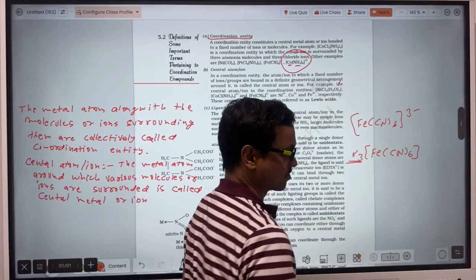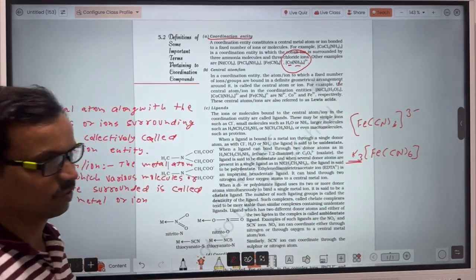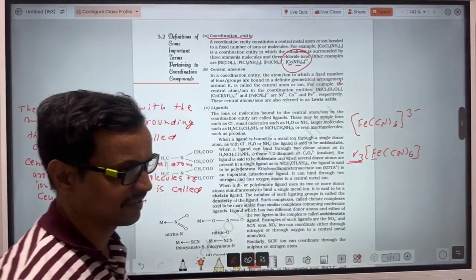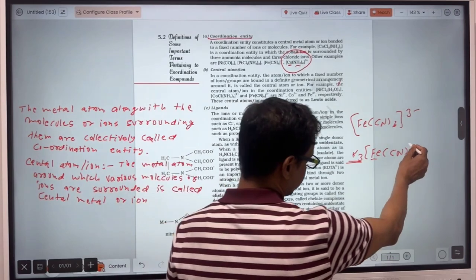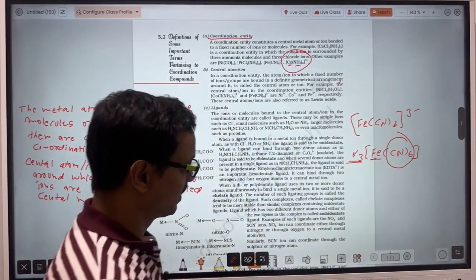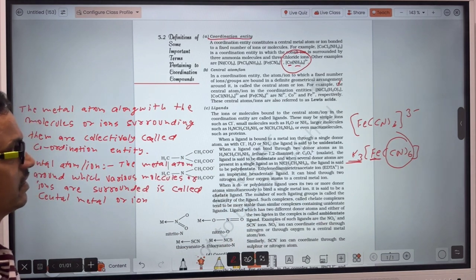Here potassium is not the central atom or ion. Actually here iron is the central atom or ion, because the CN minus is surrounding the iron. That's why iron here is the central ion.